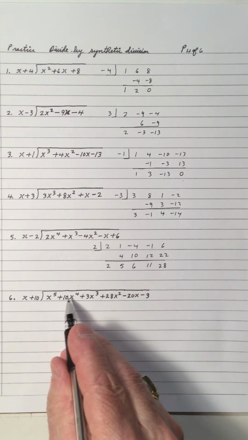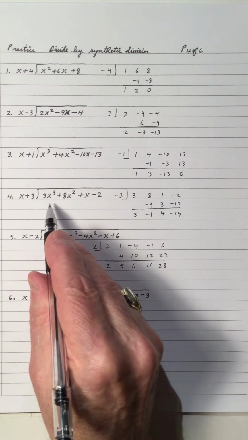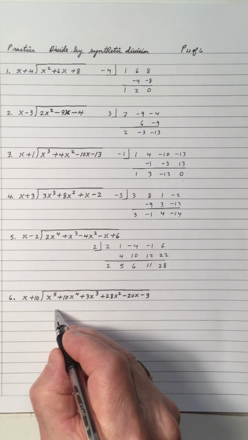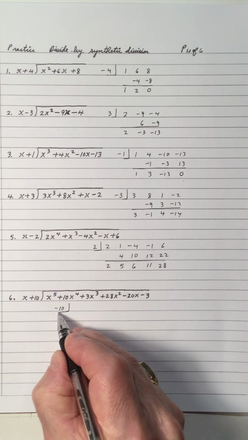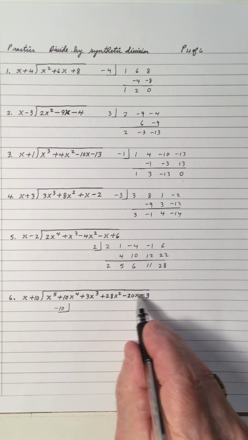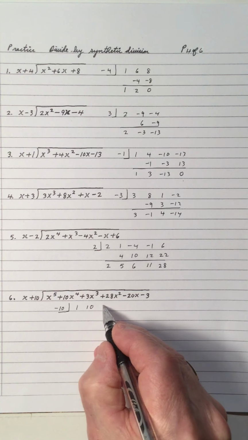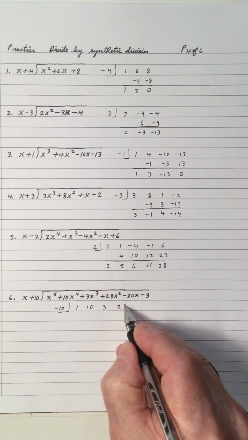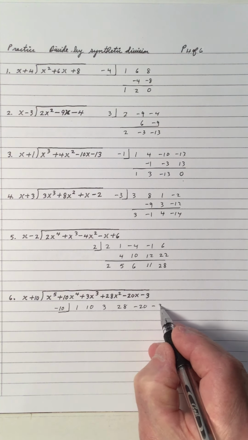And remember, this is a quintic, this is a quartic, this is a cubic, and so we're going to go with the opposite, which is a negative 10. And they're all there, so we go 1, 10, 3, 28, negative 20, negative 3.